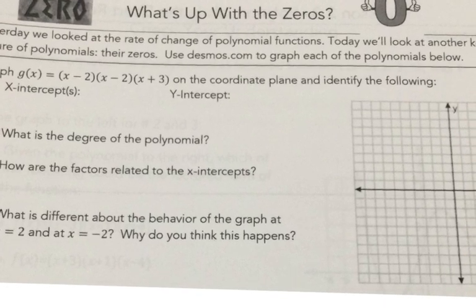So first it tells me to graph g of x equals x minus 2 times x minus 2 times x plus 3. So think back to what we were looking at with a quadratic function, a degree 2 polynomial. What form is this in? Factored form. This is still factored form of a degree 3 polynomial. So what does factored form do a good job of showing us?